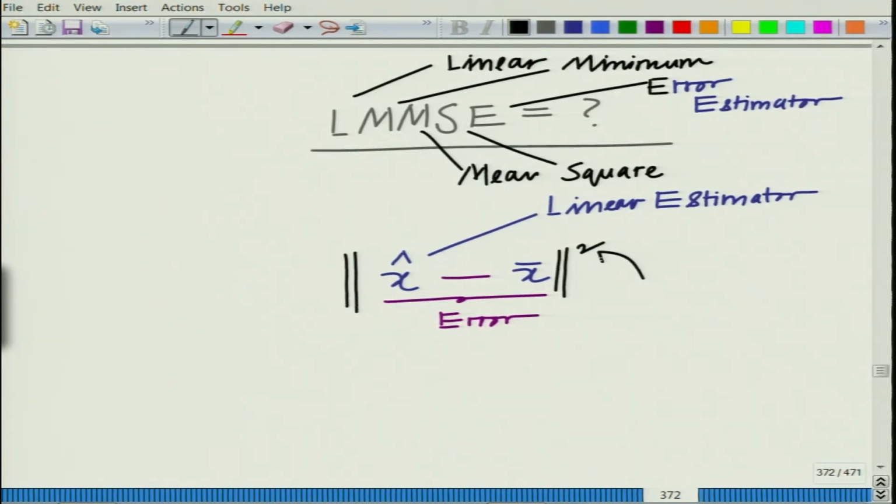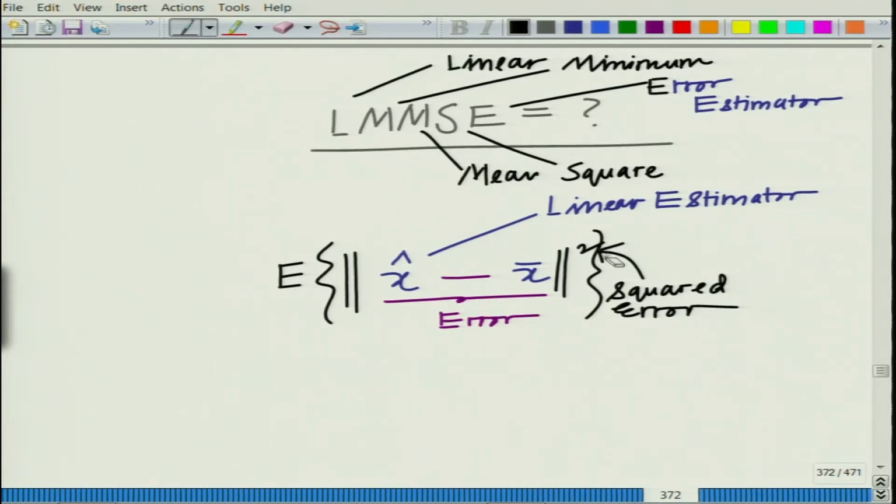This is where you get the squared error, and now you take the mean of this squared error. So, we are performing the mean of the squared error.